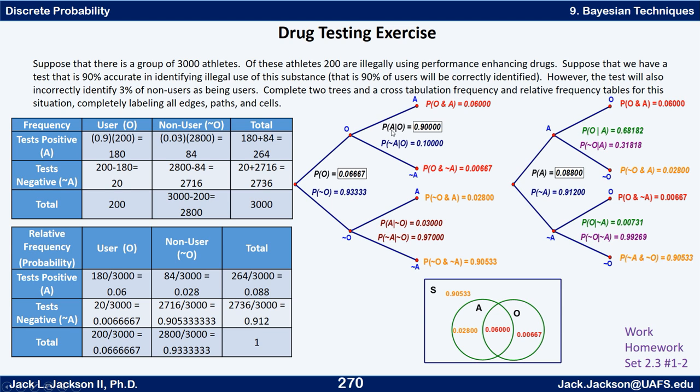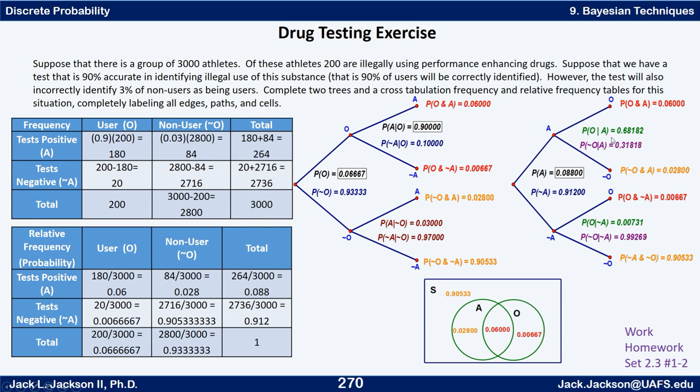Okay, so the conditional probabilities aren't in the table here, they're over here in the tree. So the probability of an A given O, that is, with the letters I'm using, the probability that they tested positive given that they were a user is 90%. 180 out of 200.